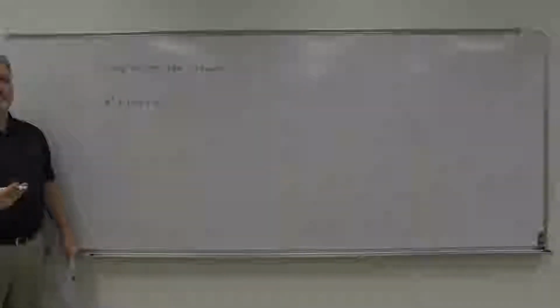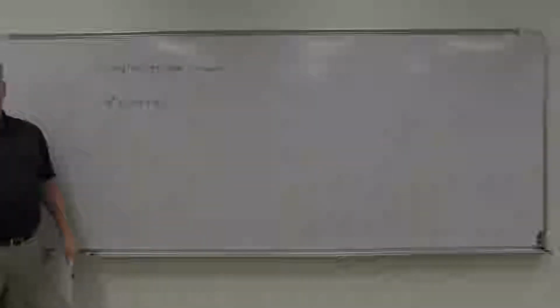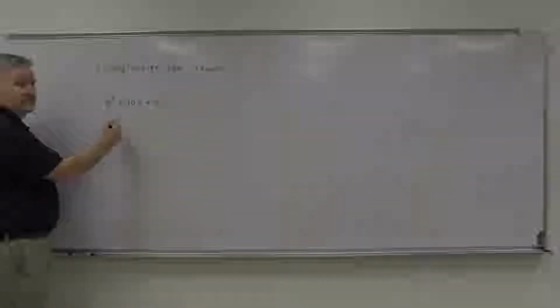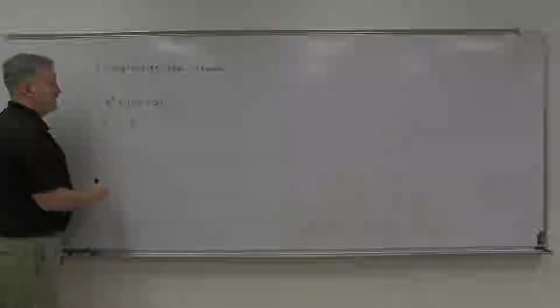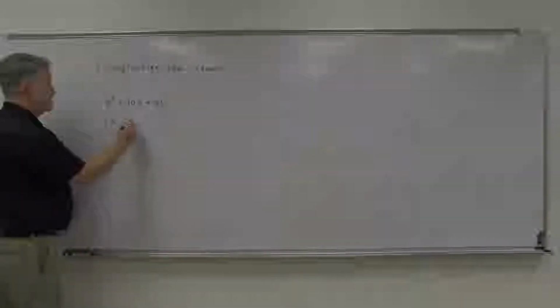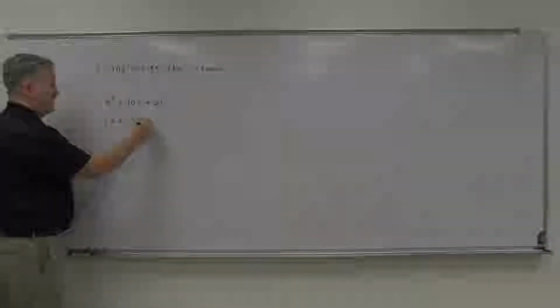all right, so let's do x squared plus 10x plus 25. That trinomial is a so-called perfect square because if you factor it, that gives me what? X plus 5, x plus 5.